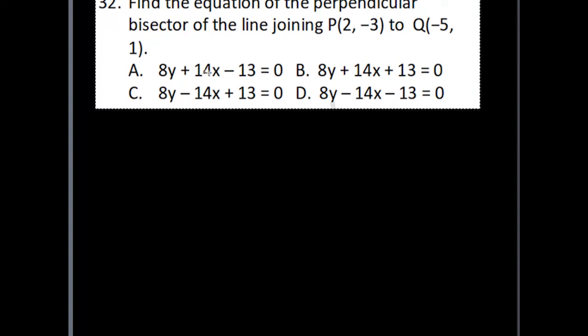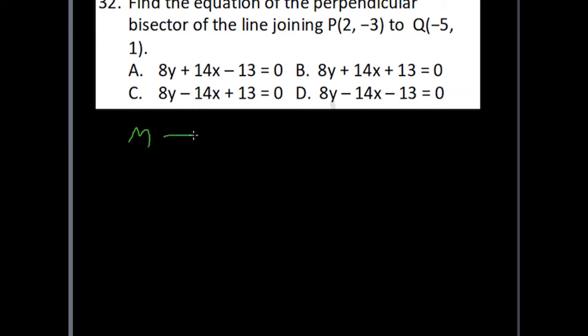So this question says, find the equation of the perpendicular bisector of the line P 2 comma minus 3 to Q minus 5 comma 1. The perpendicular bisector is a line that meets the line PQ at 90 degrees. So let's find the slope of this one.